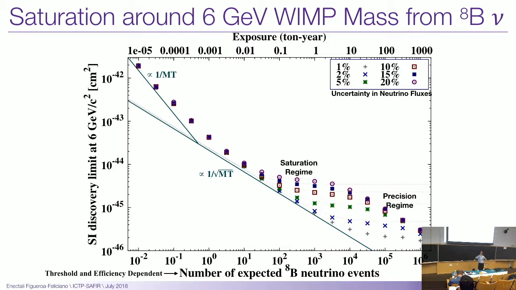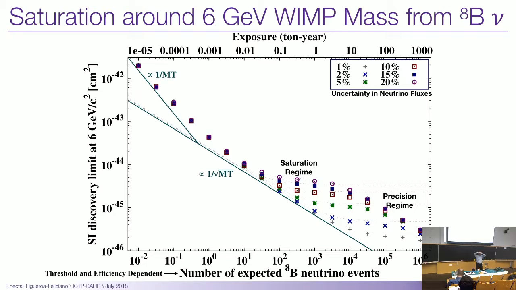Now, if you keep increasing the exposure, then you start to see the little tweaks in the shape, and those little tweaks start to become statistically significant, and then you are able to tell the difference. So if you keep increasing the number of neutrinos, your spectrum gets better and better, and you get over the hump and start going as 1 over the square root of MT again. How long you spend in that flattening saturation regime depends on how big your uncertainty is.